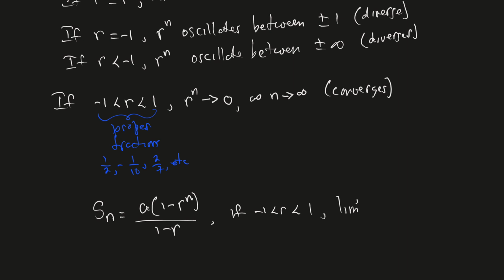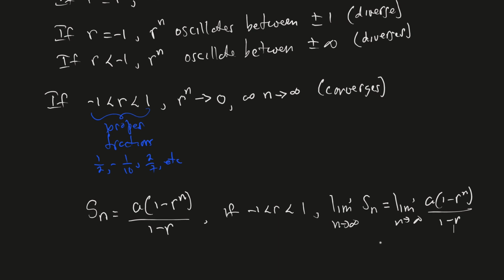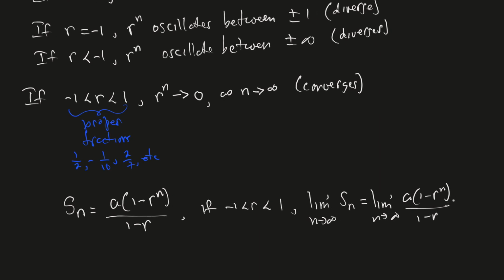then the limit of our nth partial sum is equal to the limit of a times 1 minus r to the n over 1 minus r. Well, we just argued that r to the n converges to 0. Let me highlight this.